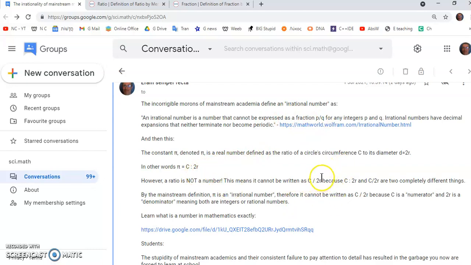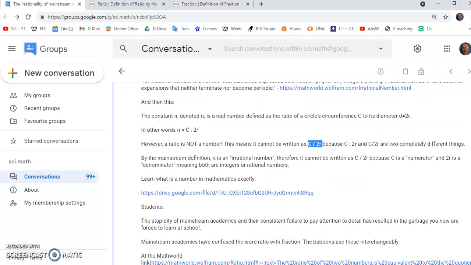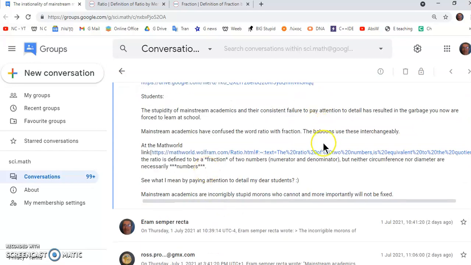They express it as a fraction, C over 2r. Okay, C over 2r means it is a fraction. In other words, it's a number, suggesting that both C and 2r have a common measure, which they don't. All right? So the failure of mainstream academics to pay attention to detail has resulted in the garbage you're now forced to learn at school.